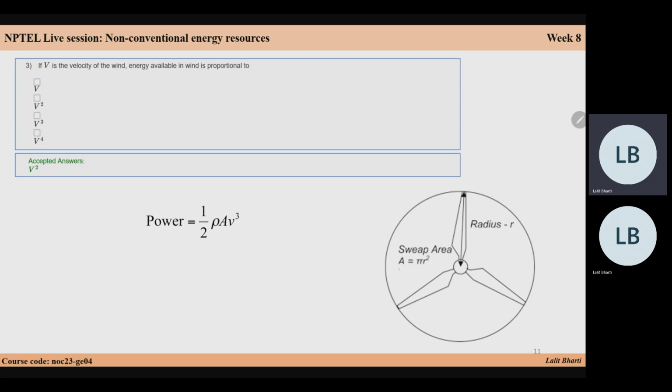If your sweep area is A, which is basically pi r square, where r is the length of the blades, resembling the radius of the sweep area, then your power is given by half rho A V cube. So basically, we can say that your power is proportional to V cube.